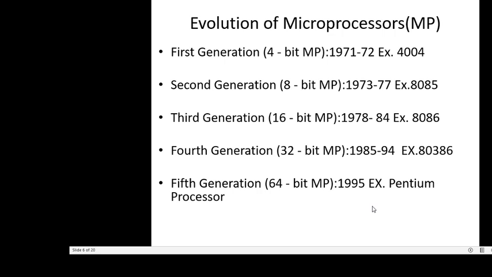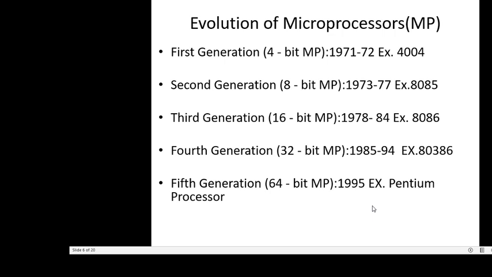The years for this were 1971 to 72. Then they increased the size from 4-bit to 8-bit. That is the second generation, which can process 8-bit data at a time, 1973 to 77. The most popular example of this generation is the 8085.